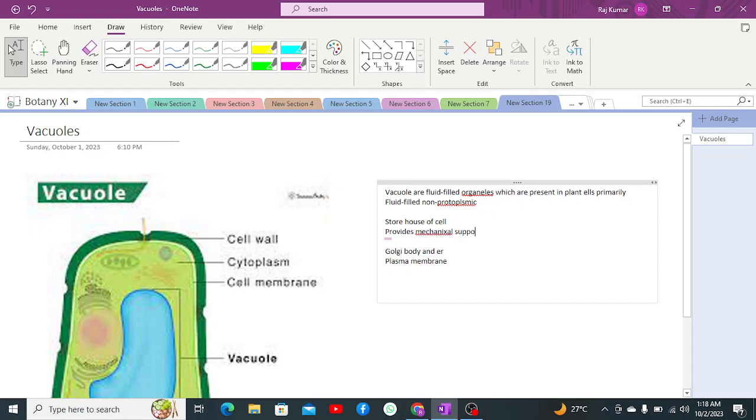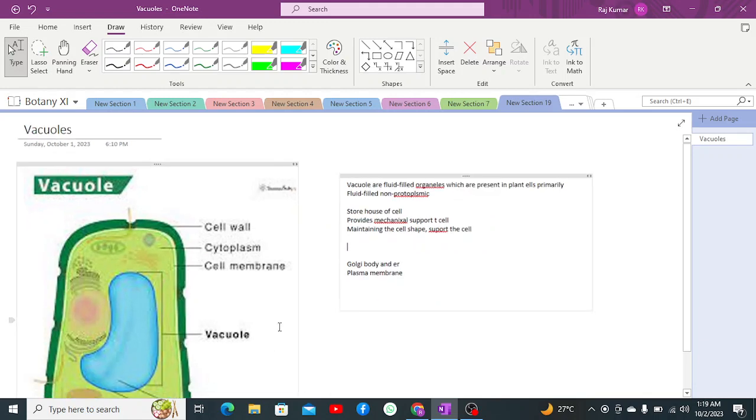Apart from which, it is also involved in maintaining the cell shape. It helps in the process of maintaining the cell shape and supporting the cell, which we are going to further discuss how.